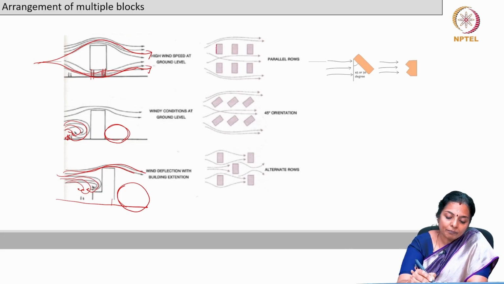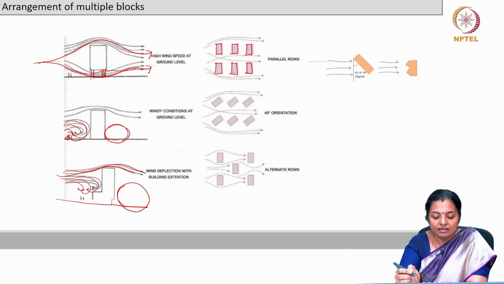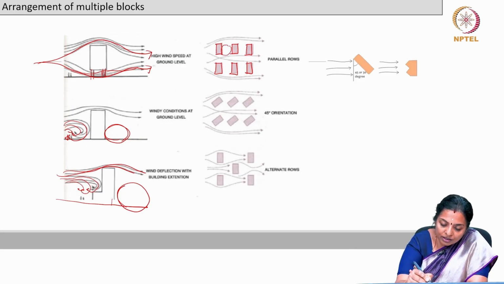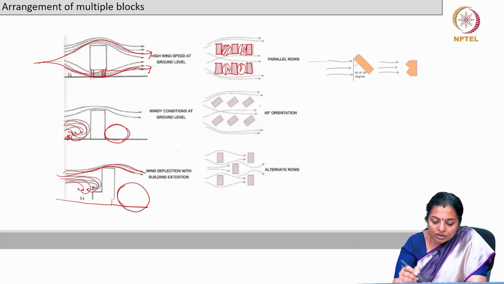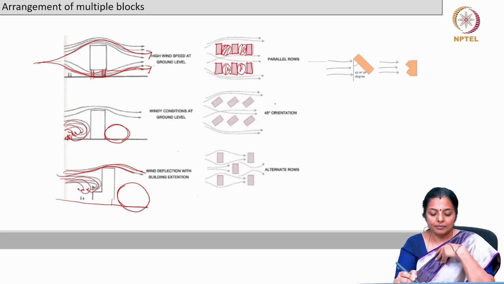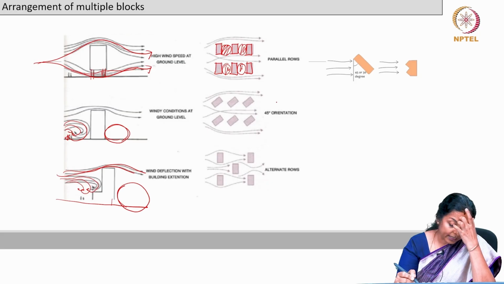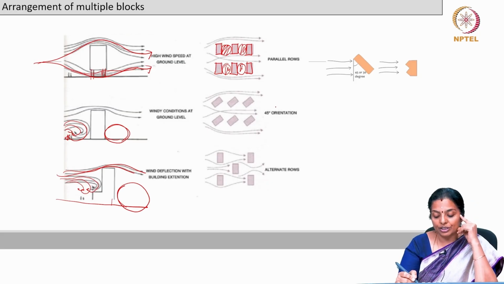When you have patterns like this, which we have already discussed once very briefly, which are unstaggered or parallel rows, then here are wind shadow regions. This also causes wind shadow region. Staggering at 45-degree orientation also causes wind shadow region, but it is slightly better off than the parallel row.